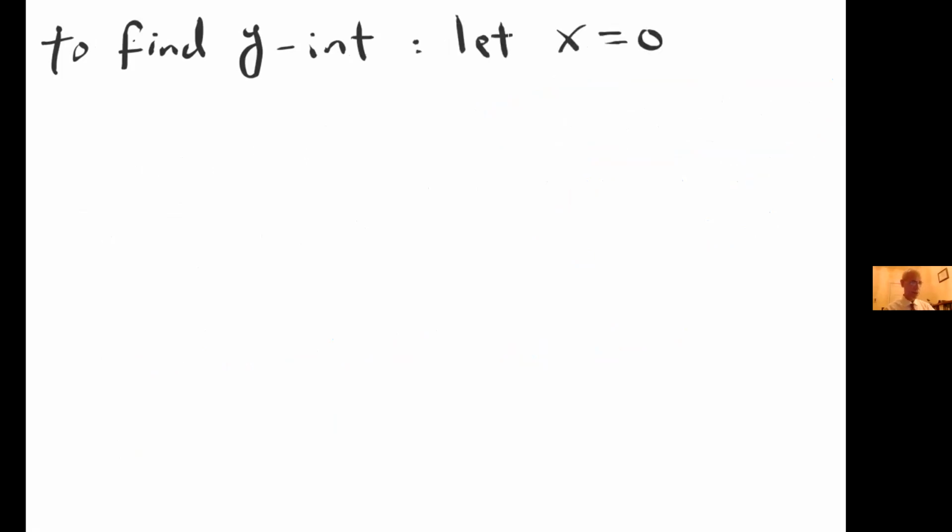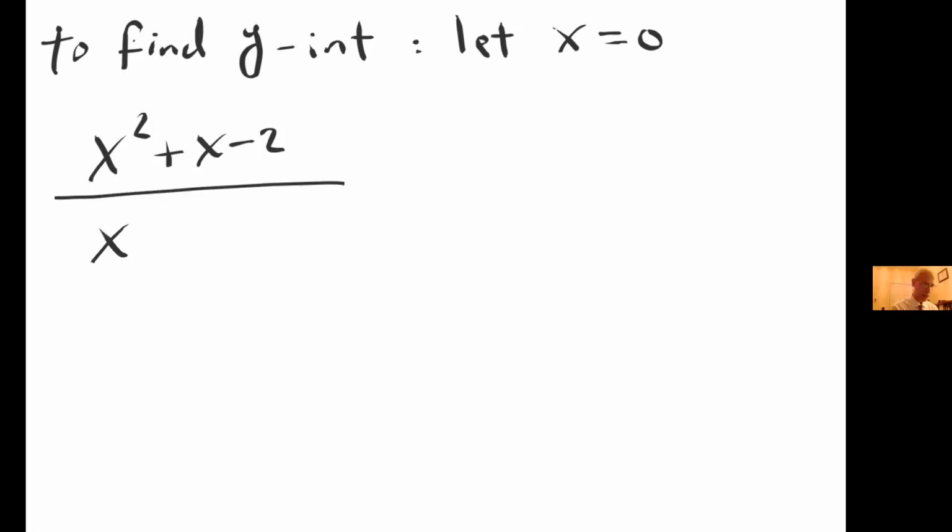And so let me go to the next page to find the y-intercept. Let x equal 0. Remember in the beginning, I had x squared plus x minus 2 over x squared minus 2x minus 3, and that was equal to my f of x.